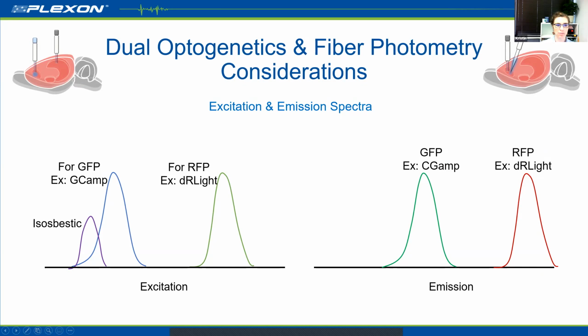So if you're doing optogenetics, you need to make sure that the excitation of your opsins doesn't overlap with either the excitation or emission spectrum of your indicator molecules, because this will then produce artifacts in your vibrophotometry recording. So the spectra is something you need to consider very carefully when doing these dual optic techniques.